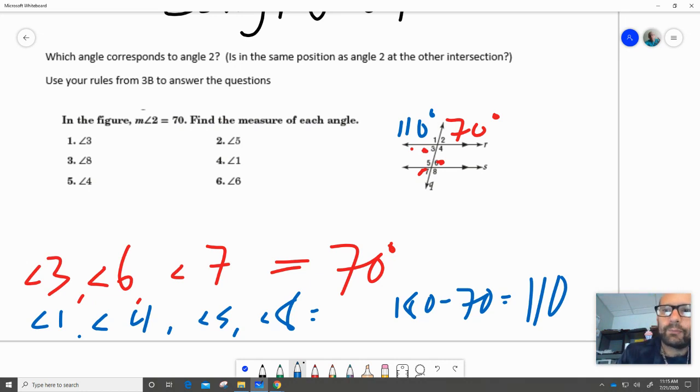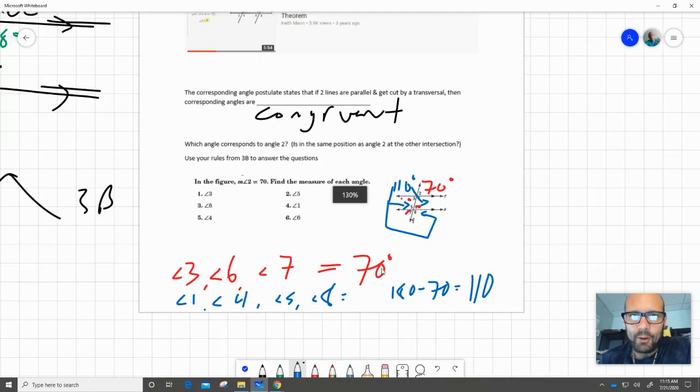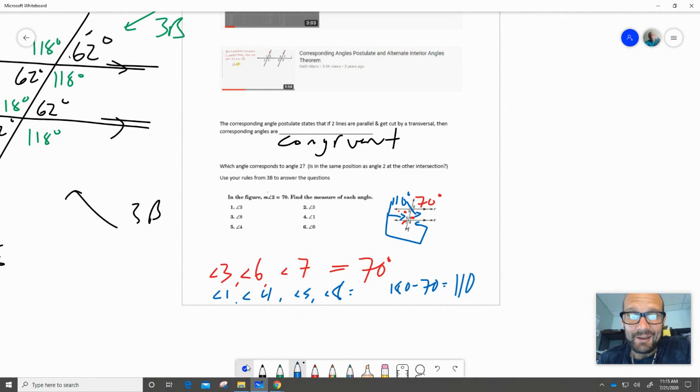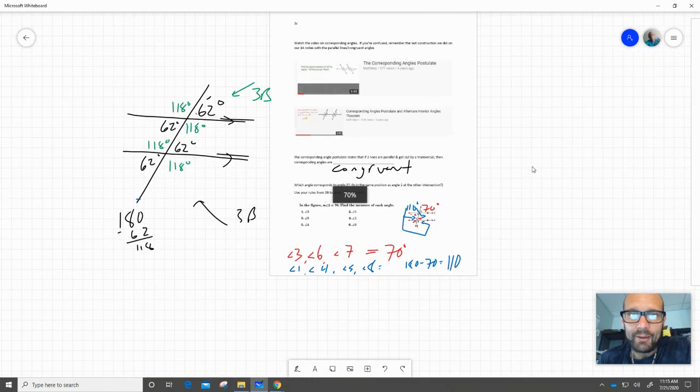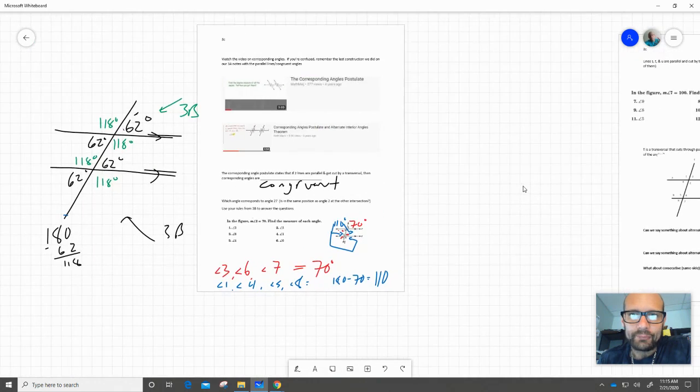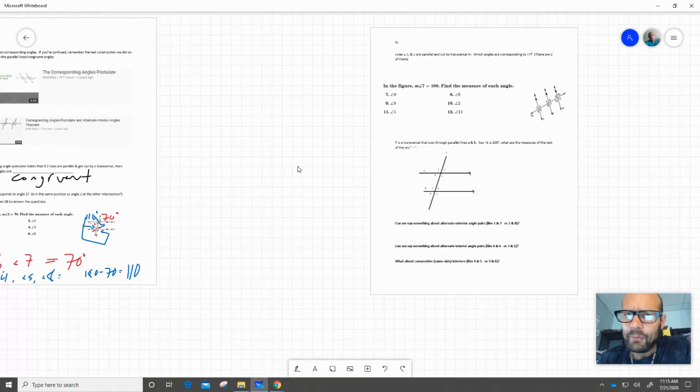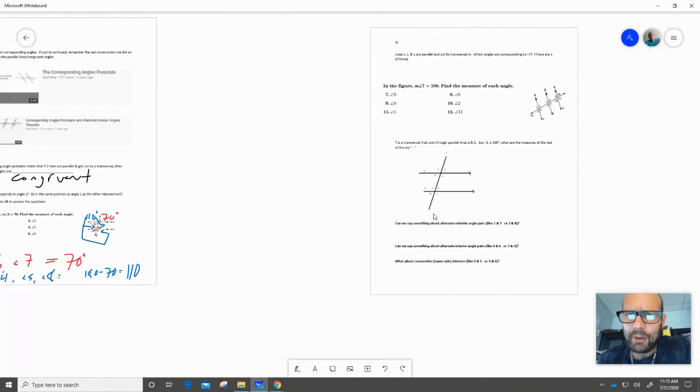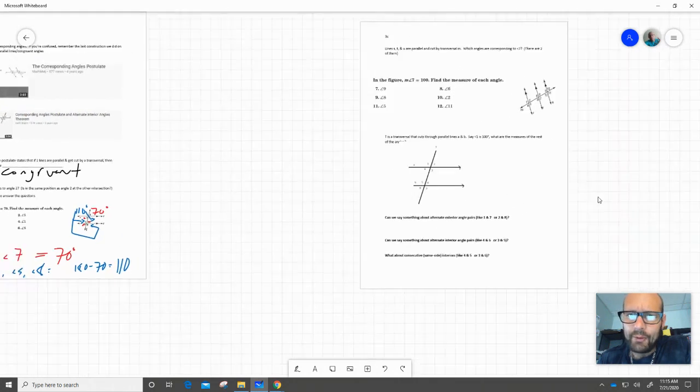So subtract 70 from that, it gives us 110. I could pull 110 down to angle 4. I could pull 110 down to angle 5. And we could pull 110 down to angle 8 as well. Okay? So that's it, kind of from these 3C notes. And you should be able to sort of figure this out here.